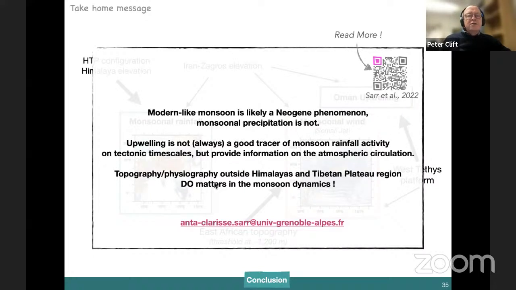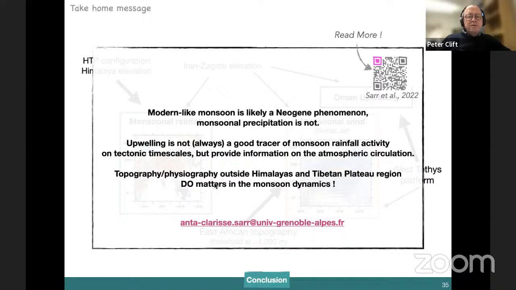I was curious, I don't know if this is a fair question to ask you or not, but I was intrigued about this emergence of Arabia. I understand that Arabia is colliding with Eurasia and that the deep water would be cut off, but I was surprised to see that your reconstruction showed the whole of Arabia underwater in the early Miocene.